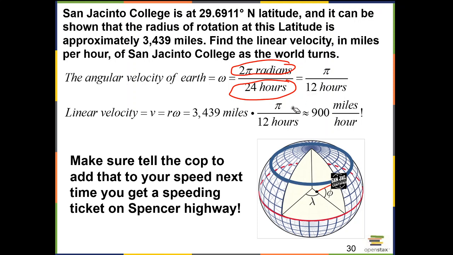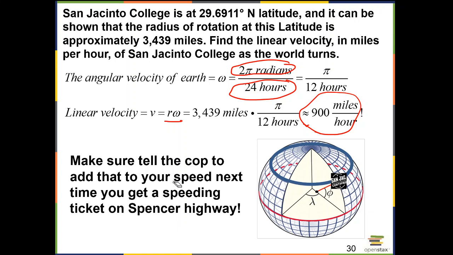You get about 15 degrees per hour. In 24 hours, you get 360 degrees. Okay, so the linear velocity is r omega, and multiplying gives about 900 miles per hour.